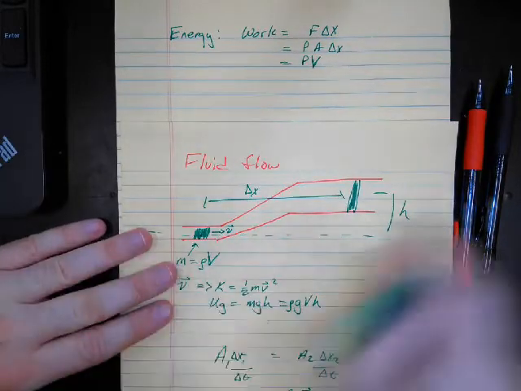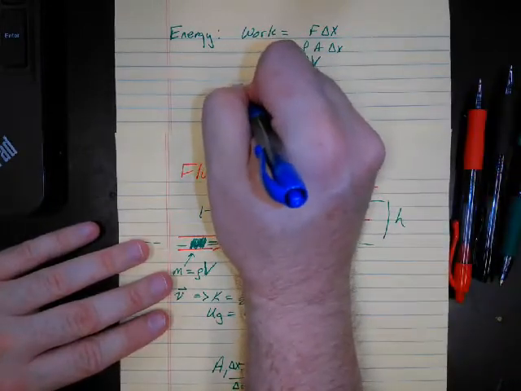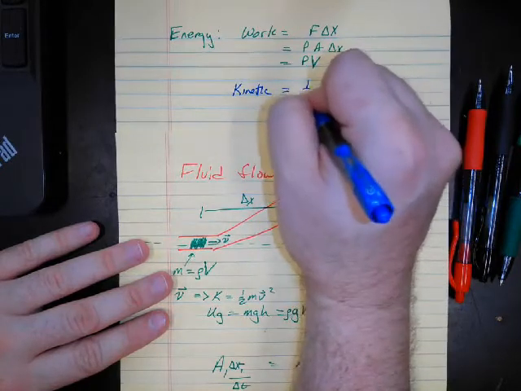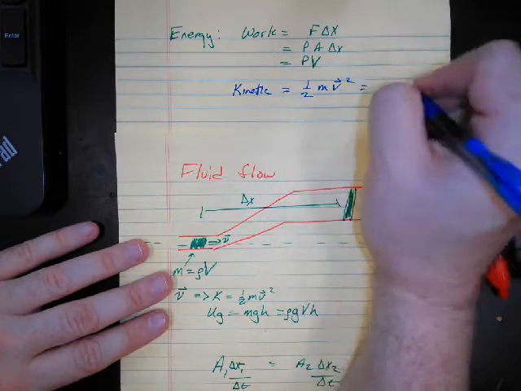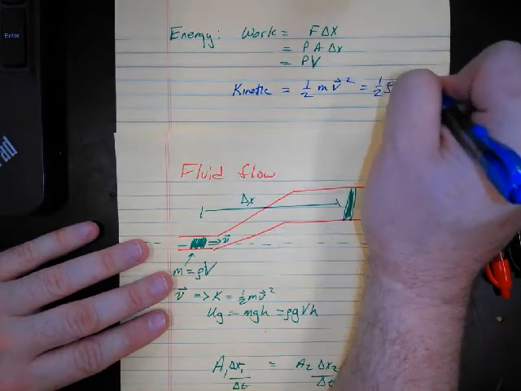Okay. Then there is the kinetic energy, which is 1/2 the mass times the velocity squared, which is 1/2 the density times the velocity squared times the volume.